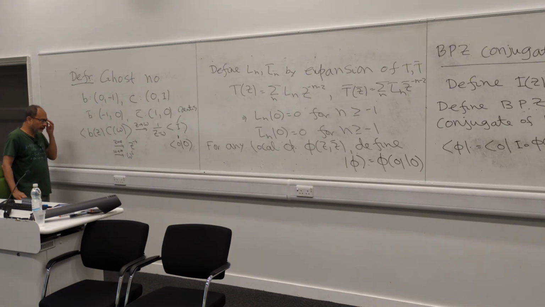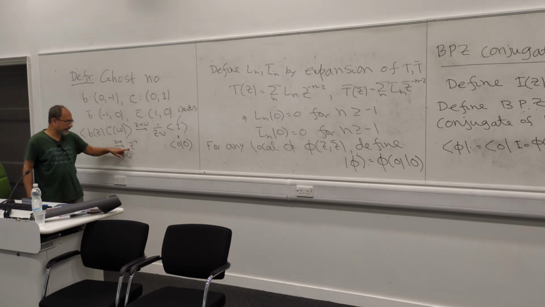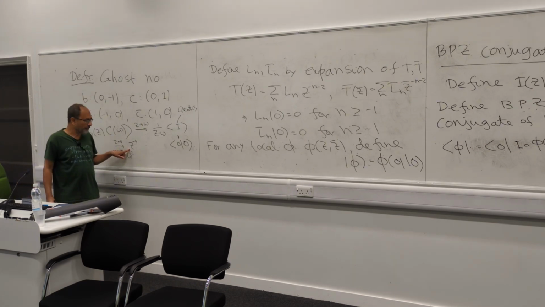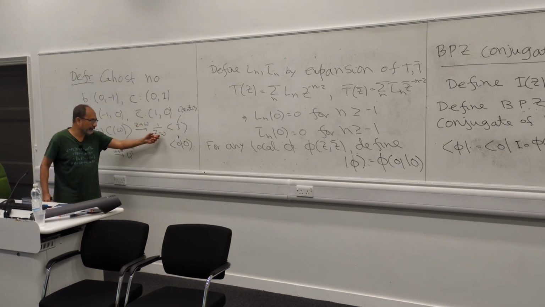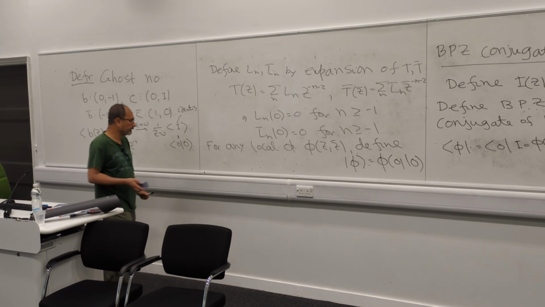And you can easily convince yourself that it's impossible for an analytic function to satisfy these results. As a function of Z, if it goes as Z to the minus 4, it's incompatible with OPEs of this kind.